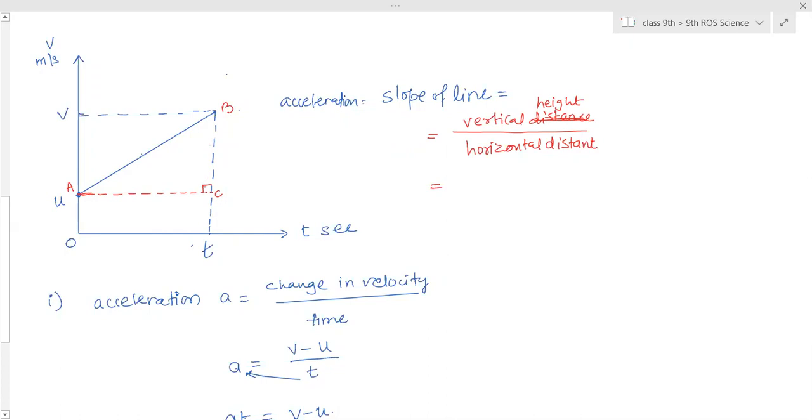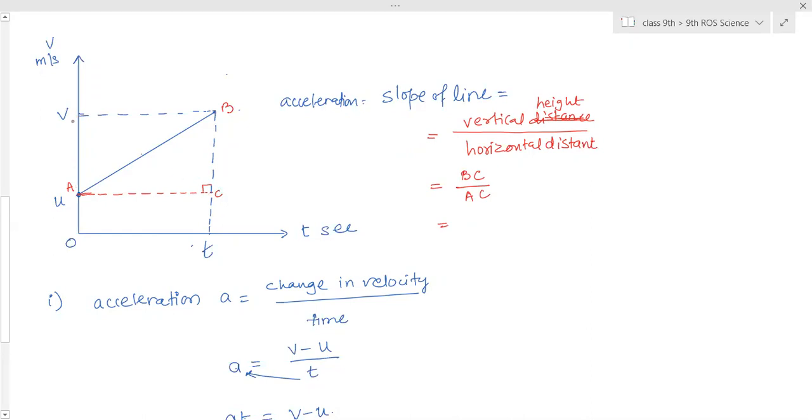Now in this triangle ABC, what is the vertical height? BC. BC is the vertical height, divided by the horizontal distance, which is AC. So how to calculate the BC distance? B is at the V value, C is at the U value.